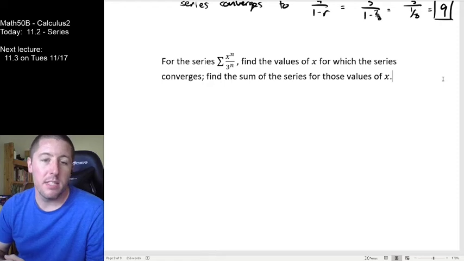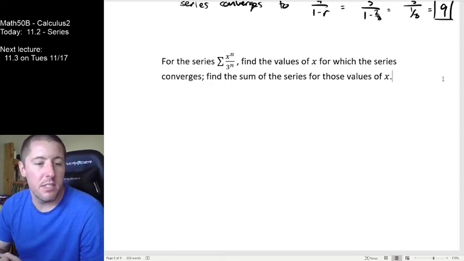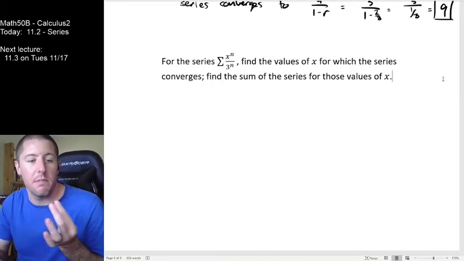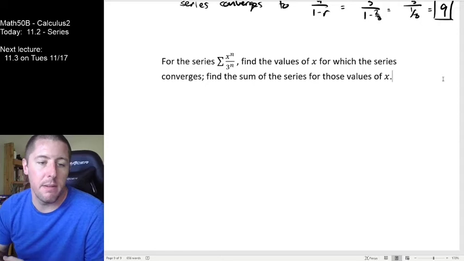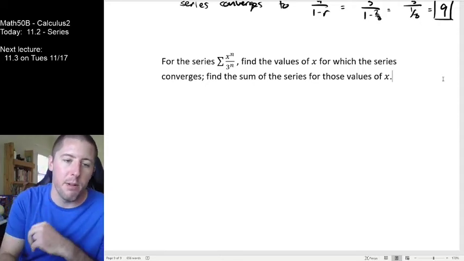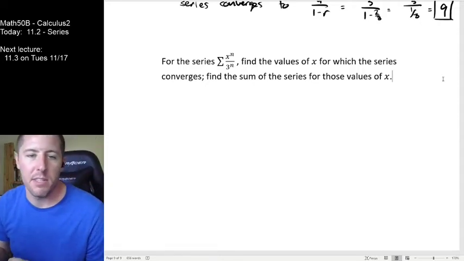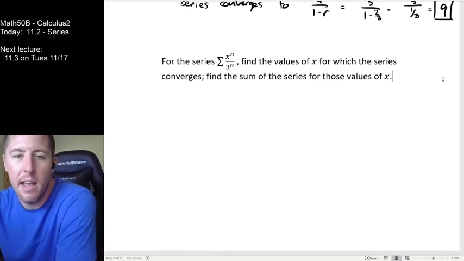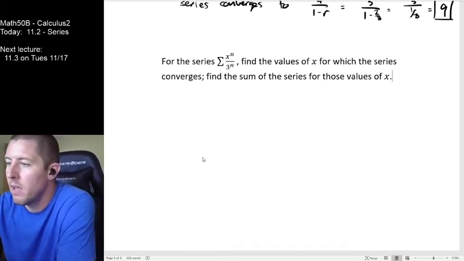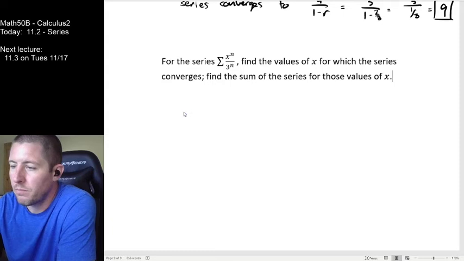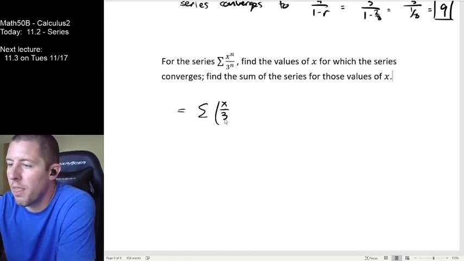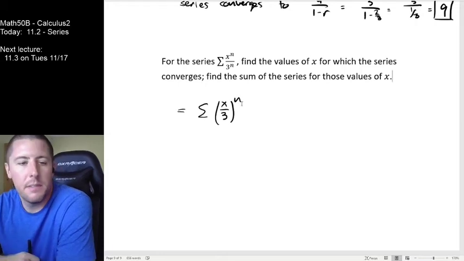All right. So the really important thing I think for you to see here is that there are really two variables of interest. There is x, which is a parameter in this case that we are allowed to vary. There is n, which is, in a sense, our true variable, because that is the summation variable. It's the thing that we couldn't extract past that sum symbol right there. So what I'm seeing is we could rewrite this guy as the sum of x over 3 to the n, right?